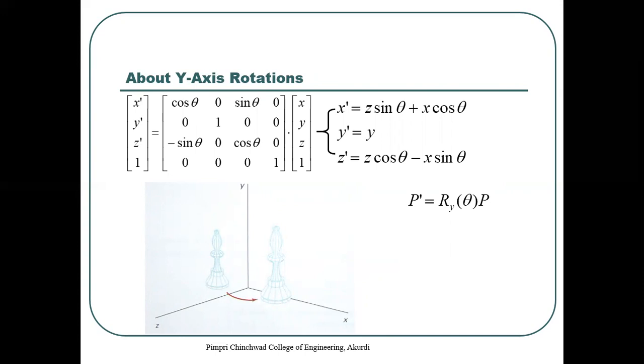So by making use of cyclic permutation of x, y, z in the above equations, we get these new equations. Okay, so here you can see that this equation y dash equal to y, that we get after performing the multiplication, so the y coordinate remains unchanged and the x and z values get changed. Okay. So by using these equations, we will get the rotation about the y-axis in the anti-clockwise direction.